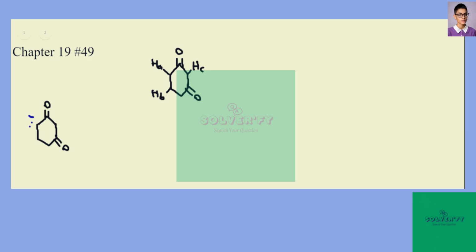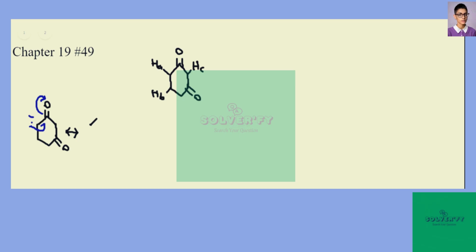And then there's one resonance structure that we can draw. That's going to be a result of the lone pair going there and these electrons kicking up to the oxygen.